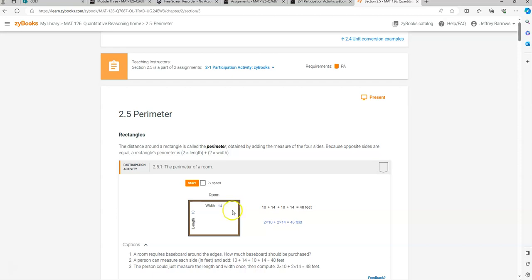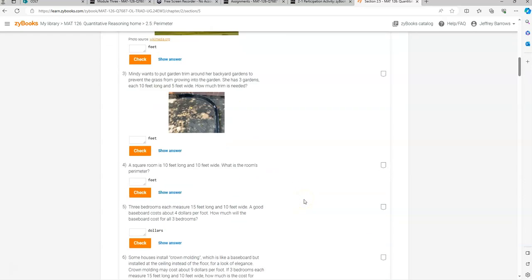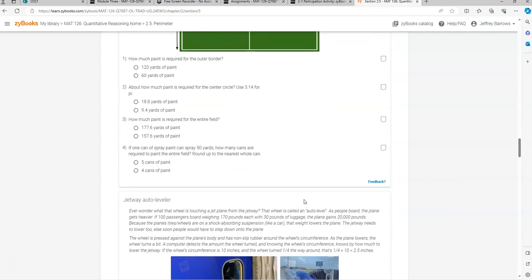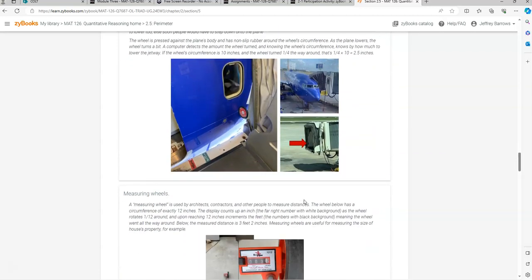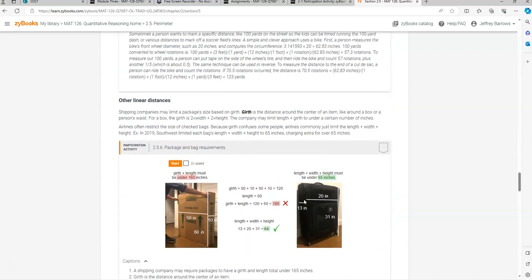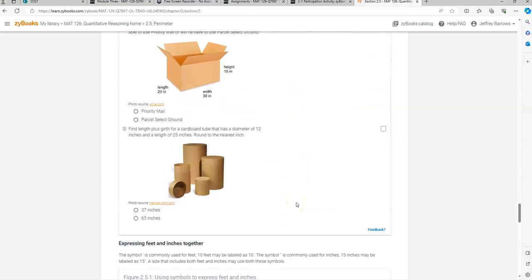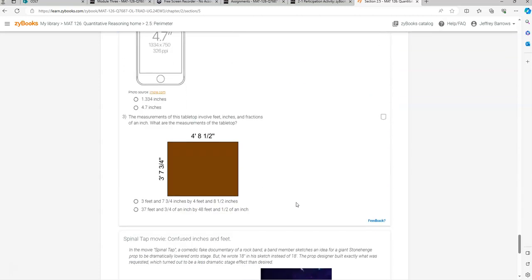So make sure you navigate all the way through sections 2.5 and 2.6 to take a look at some of this work, and be very mindful of the formulas you will need to compute linear distances, two-dimensional figures, or even three-dimensional figures. So be very careful of that as you go through.